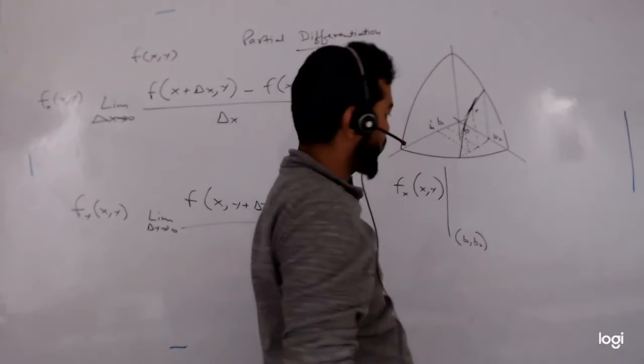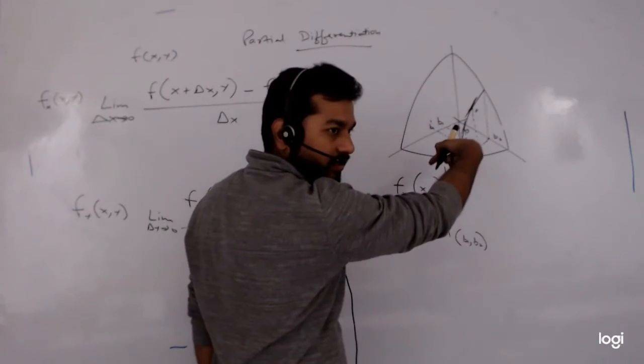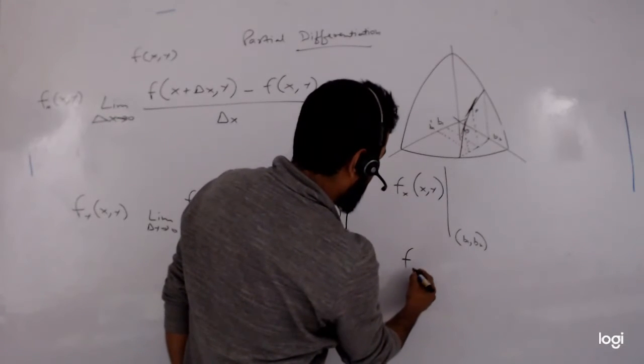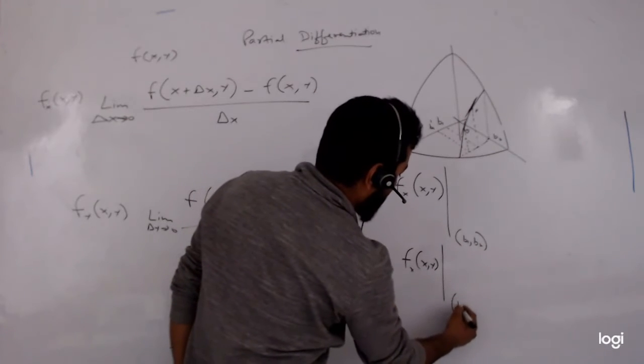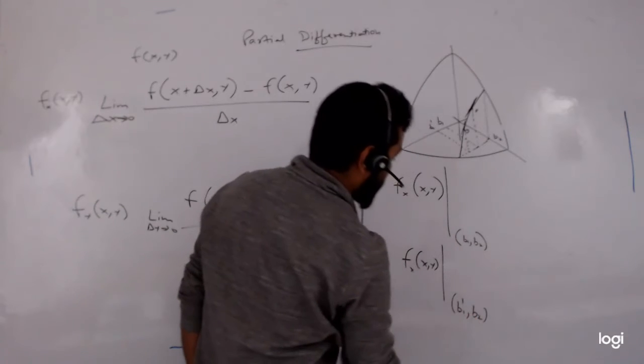Say x is b1 prime. So the slope of this one is going to be f sub x at b1 prime and b2.